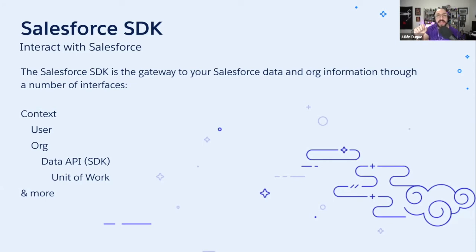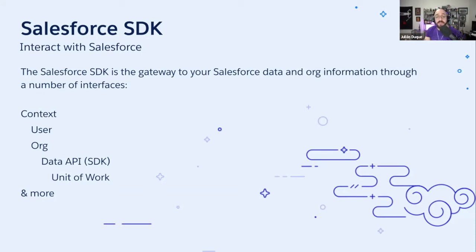So this is like a hierarchy of how you can see these objects from the context. So you have the context input parameter that is available on all of the functions. There you have access to the user information and to the org information. And through the org information, you have access to the data API.